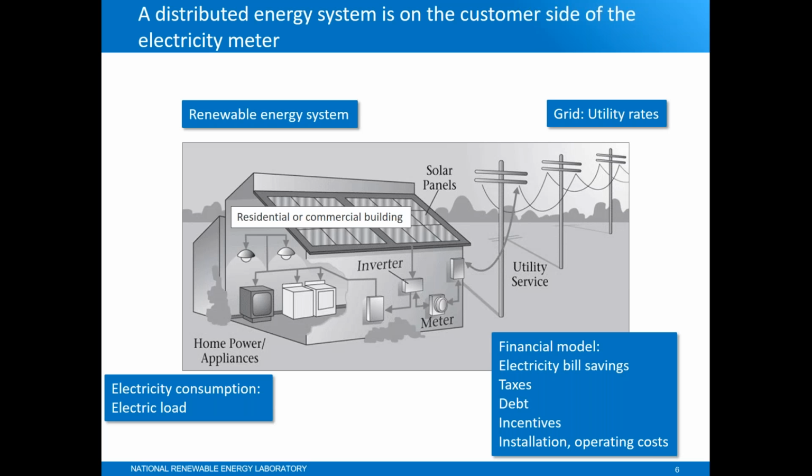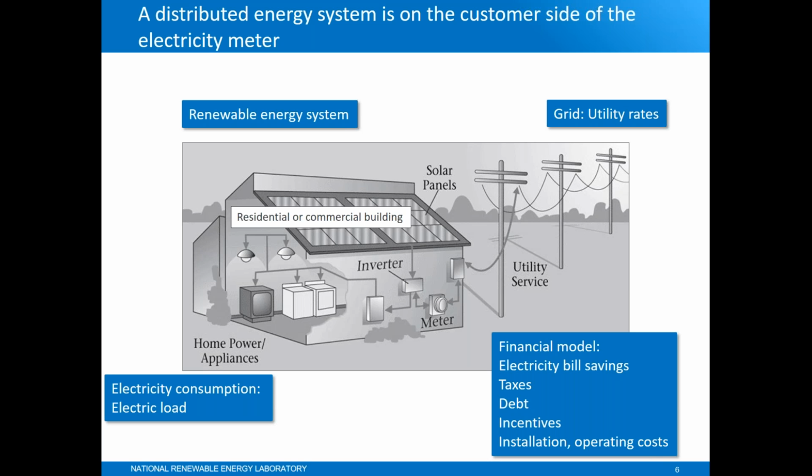All right, so SAM's residential and commercial financial models, and we also have a third-party model that falls under this category, are distributed energy system models. So this means that the renewable energy system is on the customer side of the electricity meter and thus interacts with the load. And so to model such a system, we need a model for the renewable energy system, which is the performance model in SAM.